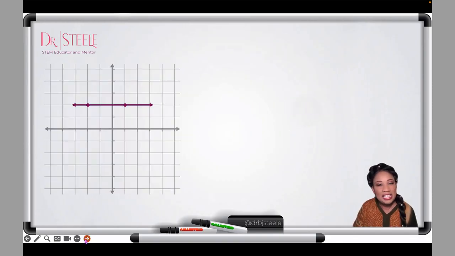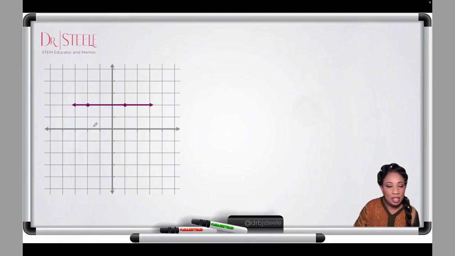Now, here is, like I was saying earlier, that slope that we were going to get back to. Now, remember, our slope is rise over run. So, if I'm trying to go from this point to this point, I'm not rising at all, right? So, that'd be 0. I'm just running for fun.